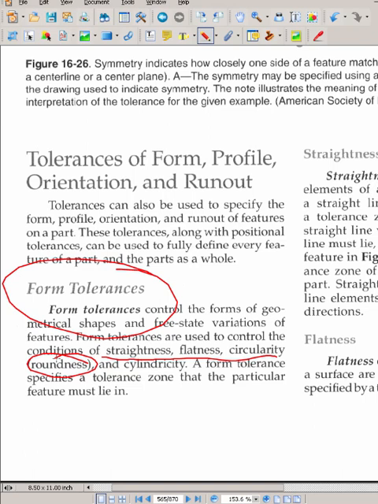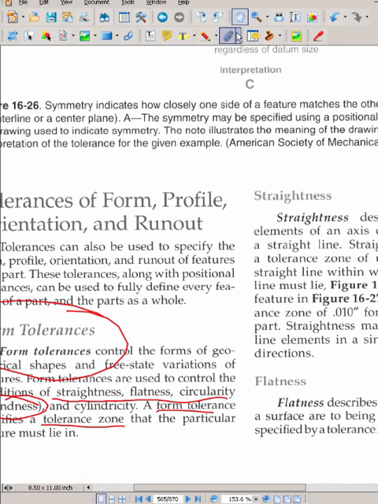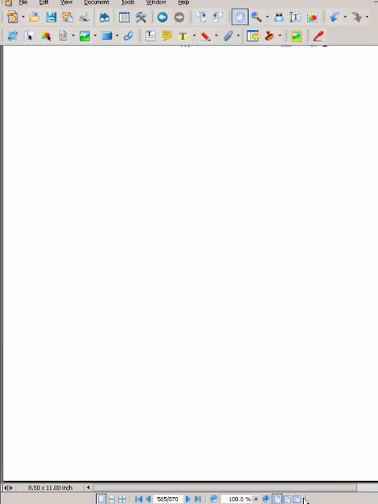And a form tolerance, of course, specifies a tolerance zone that the particular feature must lie in. So we're going to be dealing with surfaces being flat, being circular, being straight. But they're pretty much handled the same way that the other ones are. They just have different symbols and a few different meanings, but not too much that's too tricky for you.